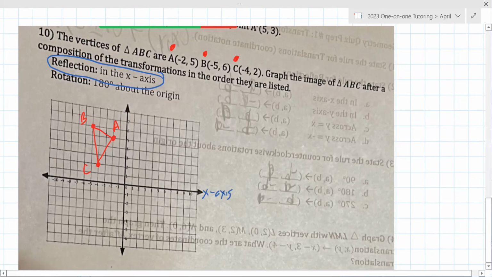So the way to do it without making a table is to count how far, for example, C is. How far is C from the x-axis? Just count.